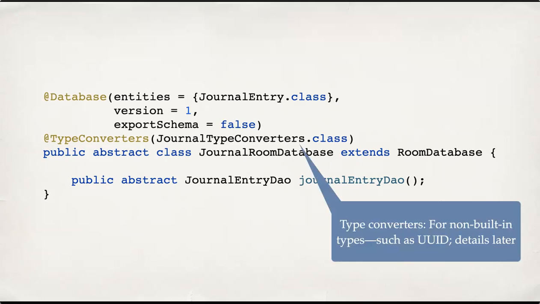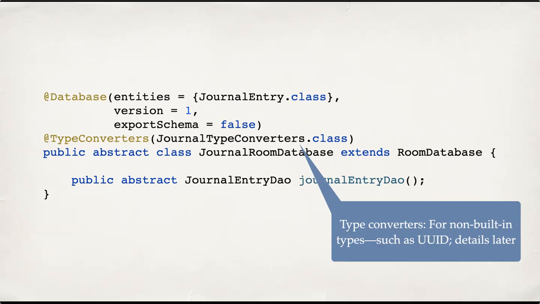For example, the UUID that we have used, which comes from one of the libraries of Java, but Room library doesn't know what exactly to do with that. And you can imagine, there can be several such classes, any custom, user-made class you may later use in your entities, in your schema of things. It won't know how to translate it, right?